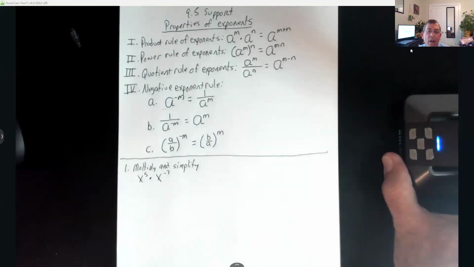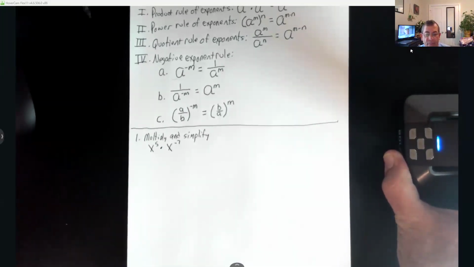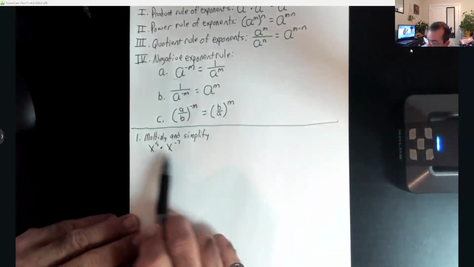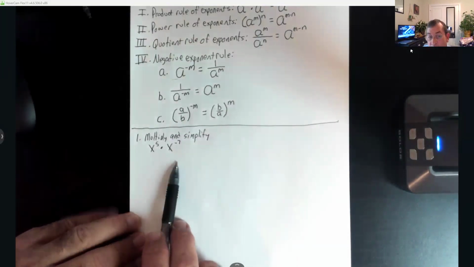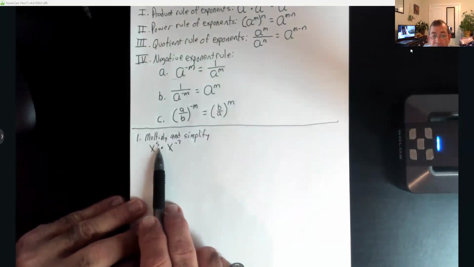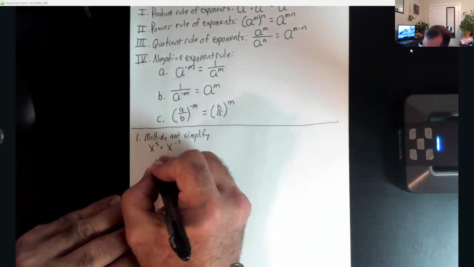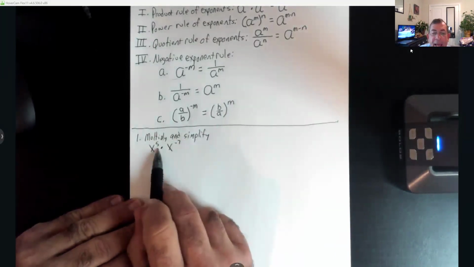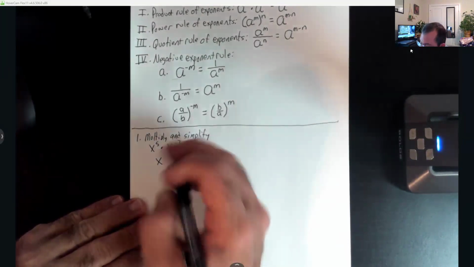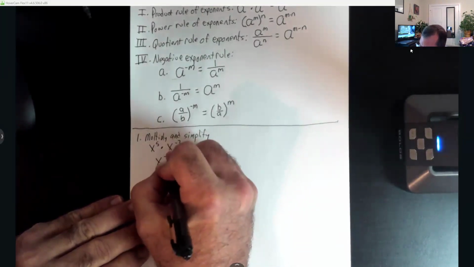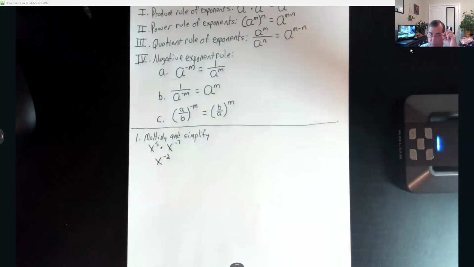All right, y'all, so here's the thing. We're multiplying, so we're about to use the product rule of exponents to start with. So x to the 5 times x to the negative 7. I would add those exponents, 5 plus negative 7. That's going to give me a negative 2.